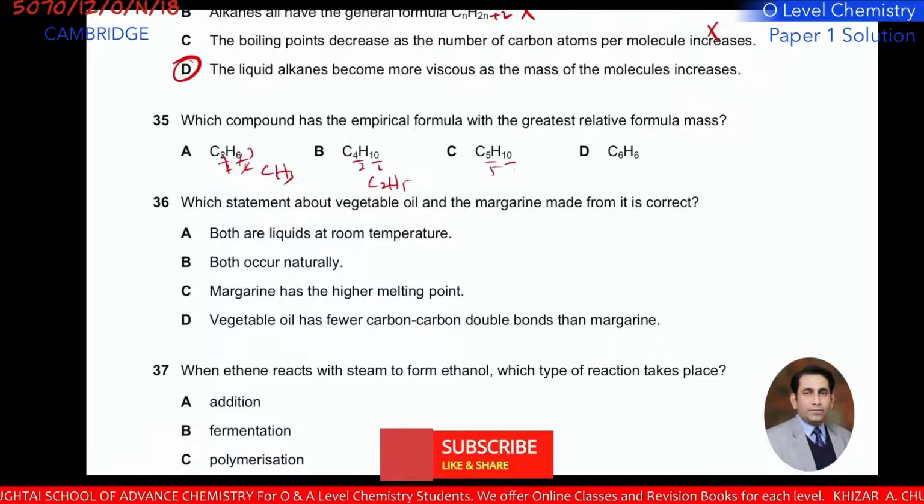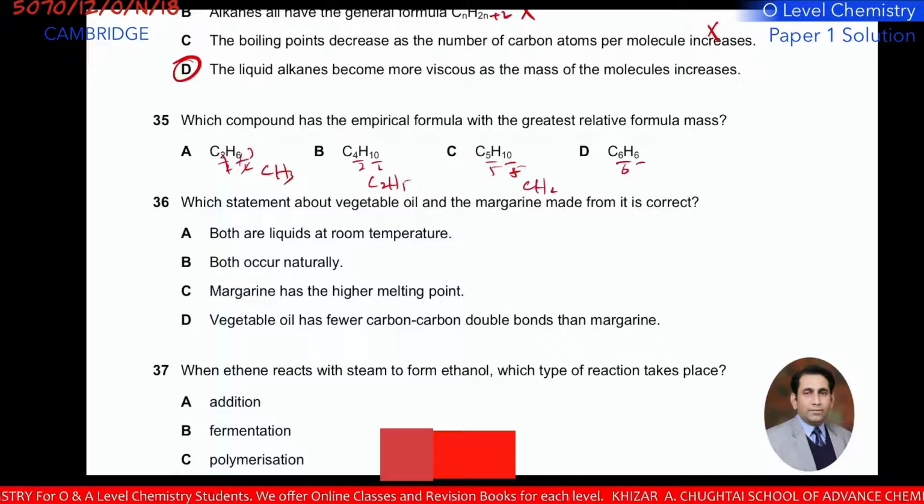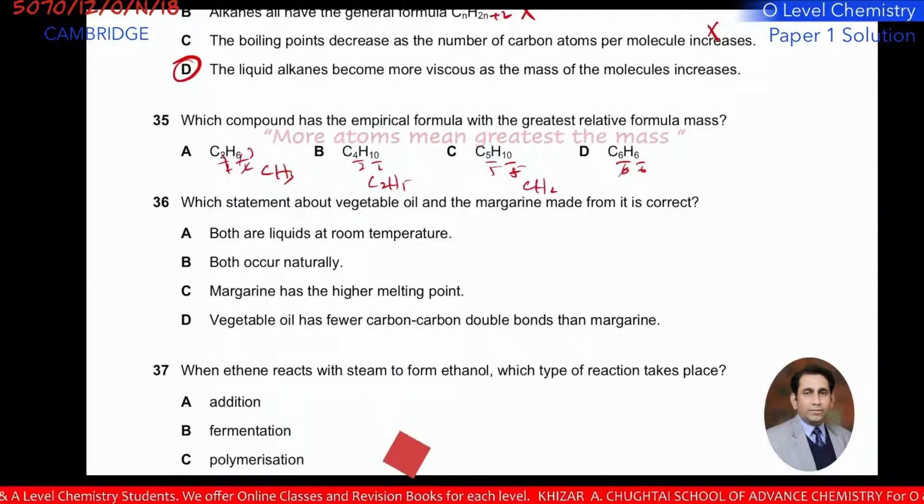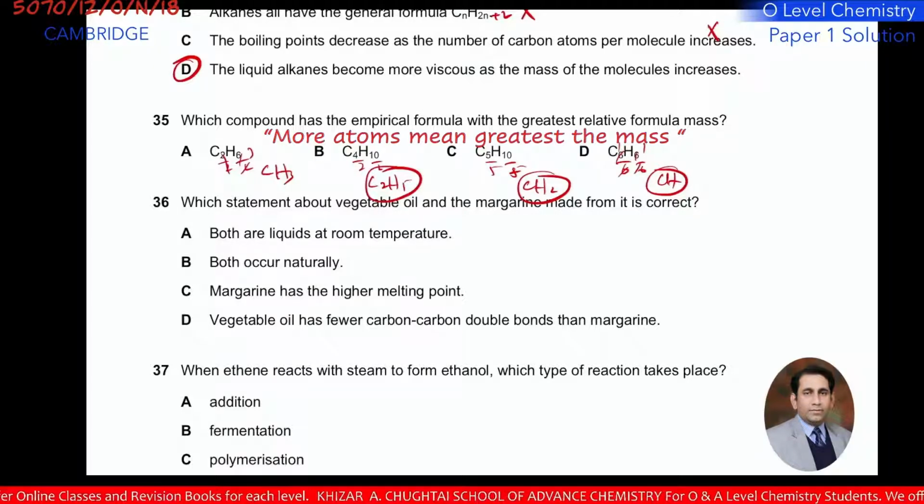Divided by 5, divided by 5, CH2. Divided by 6, divided by 6, 1:1. So CH2, C2H5 and CH3. So C2H5, that is B, is the correct option.